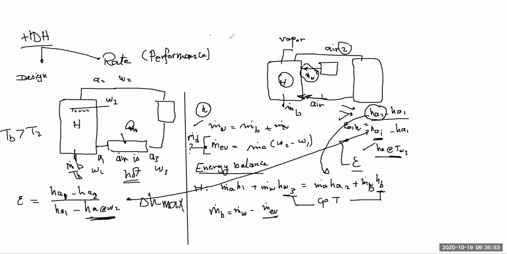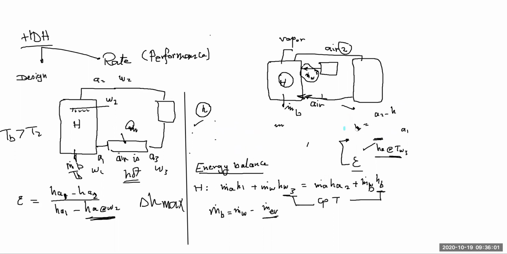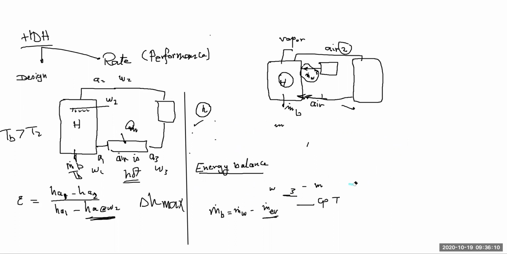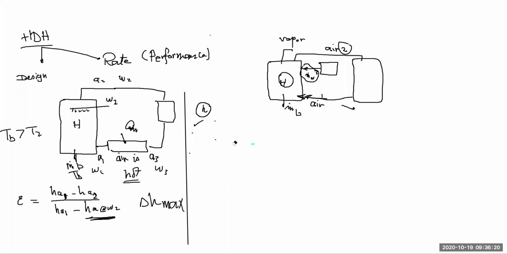Now, let's look at the dehumidifier. For the dehumidifier, I'm going to write, again, the mass balance and the energy balance, and then the expression of the effectiveness. And again, you might be given the value of the effectiveness, then you are going to make use of it to calculate some sort of an enthalpy. The other enthalpy that needs to be calculated is going to be calculated from the energy balance. So always, you're going to have your system in a way that you have only one unknown per step.